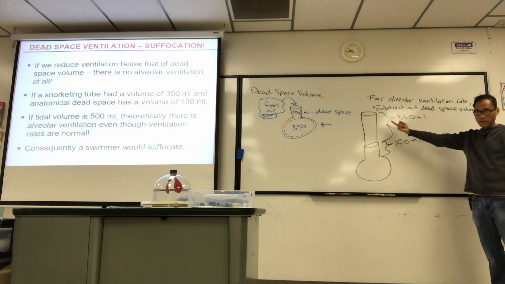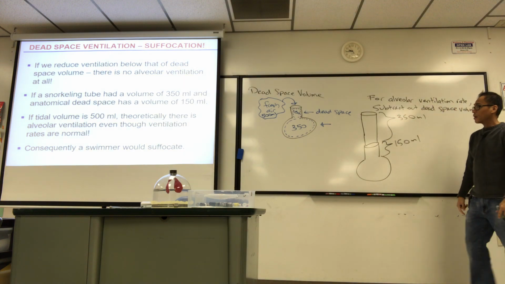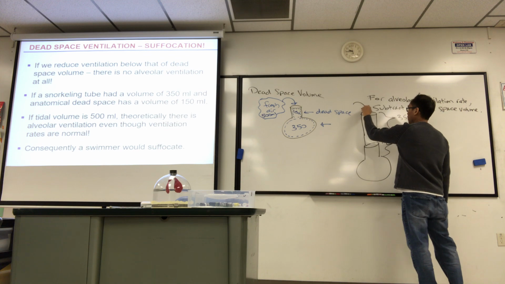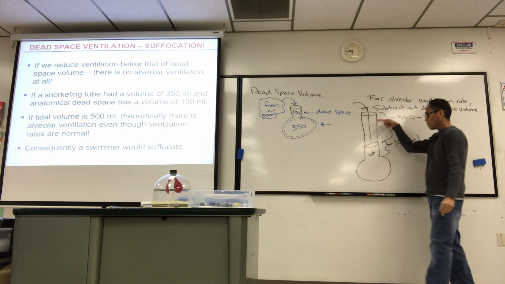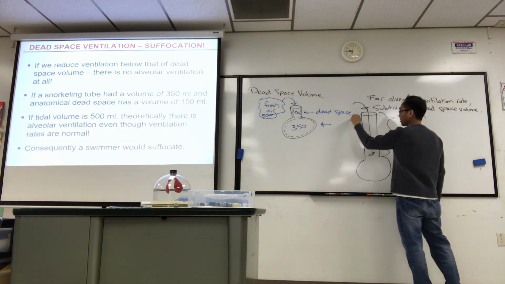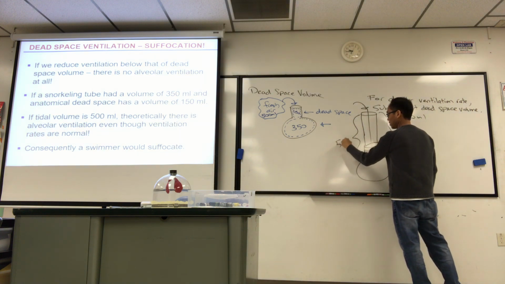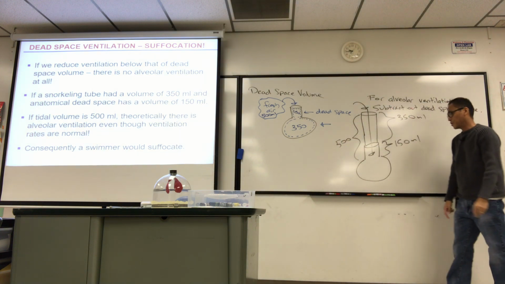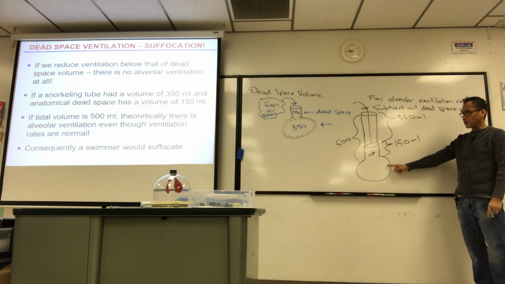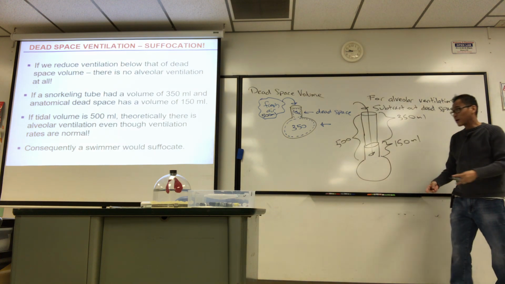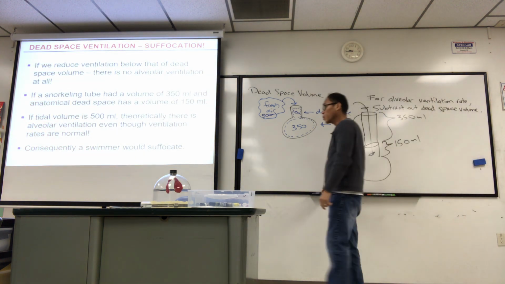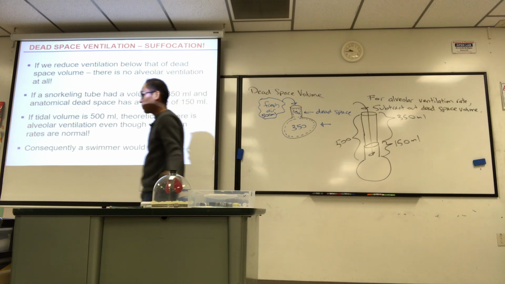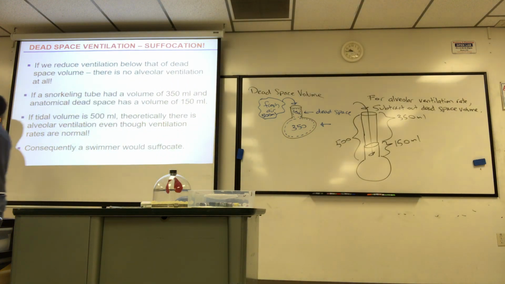But you're trying to snorkel, so you have to take a much deeper breath. If you only breathe 500, what I'm trying to say is there's no fresh air reaching the alveolar spaces. It's all stale air, okay? So you would suffocate. That's the point I'm trying to make. So that's why you can't breathe through a garden hose at the bottom of a swimming pool.